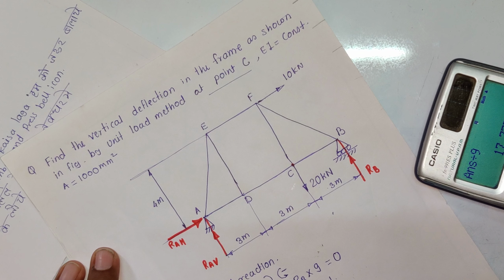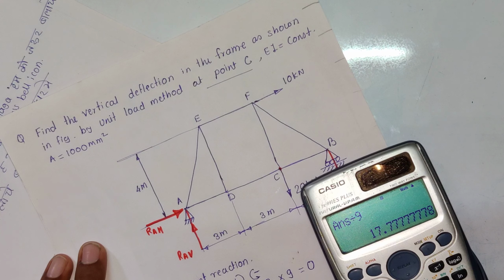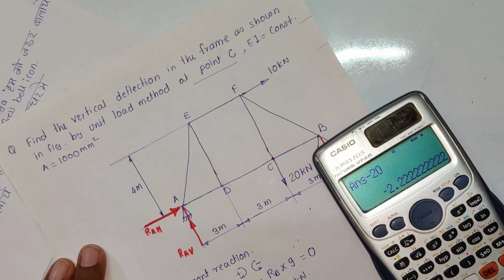RB is how much? It is plus, that is 17.77 minus 20 is equal to 0. 17.77 minus 20, right? So that is RAV minus 2.22 is equal to 0.